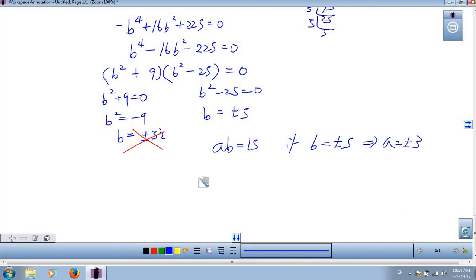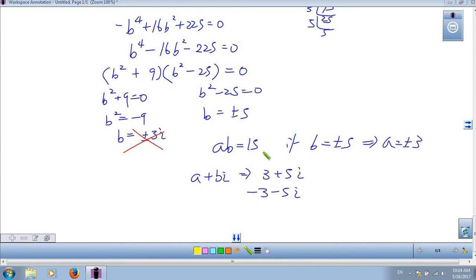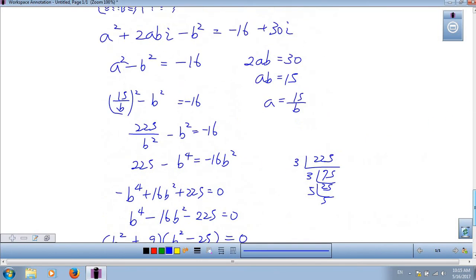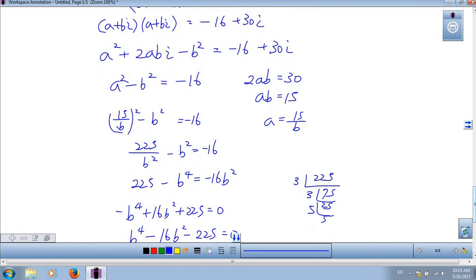So the numbers a plus bi: their product is positive, so they have to be the same sign. So it has to be 3 plus 5i and negative 3 minus 5i. So those are the answers. They are the square roots of negative 16 plus 30i.